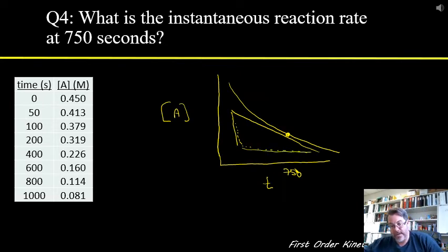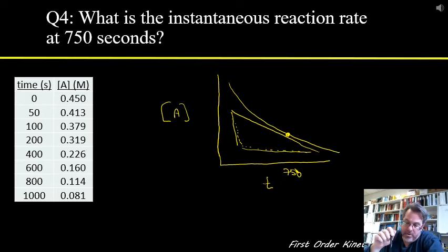And the slope is the instantaneous rate. So if you want to go back to the first page and play around with that and calculate that, you can, but of course that's going to give you an estimated instantaneous rate, because everyone's going to draw their line just a little bit differently, right? Some people are going to be a little bit more up, some a little more down.